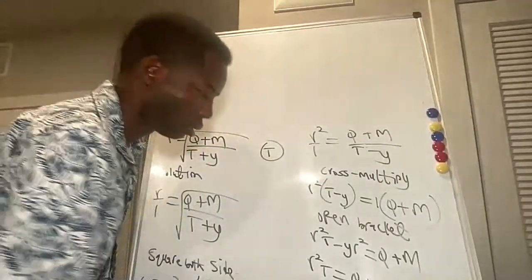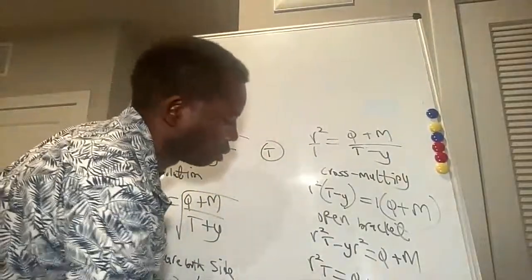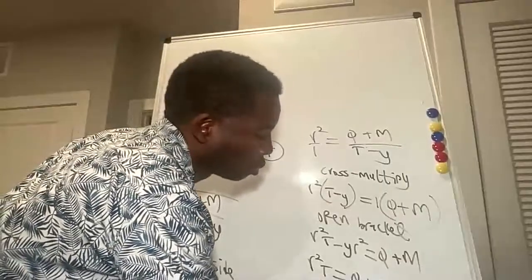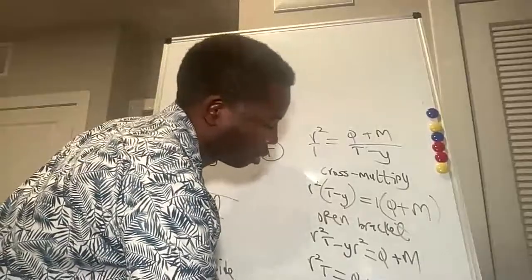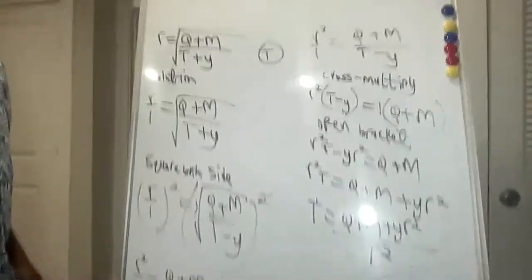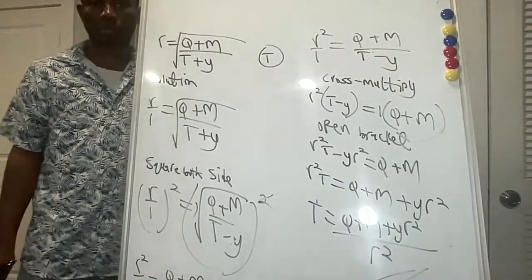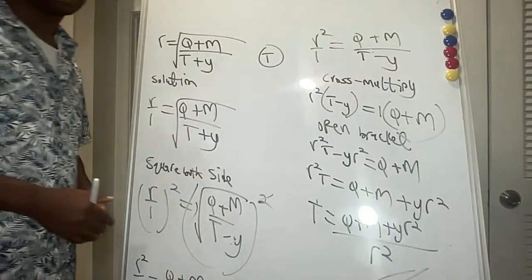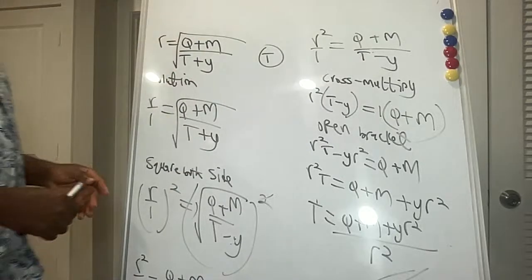It will not be r. t is equal to q plus m plus y r square over what? R square. That's how to make this subject of the formula.